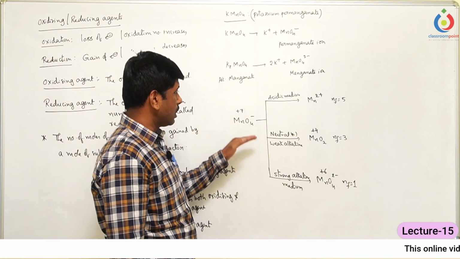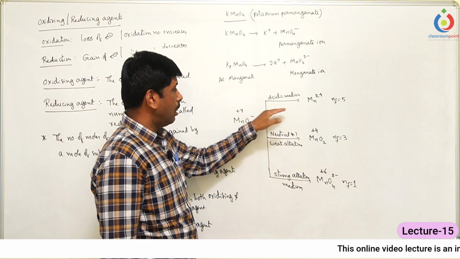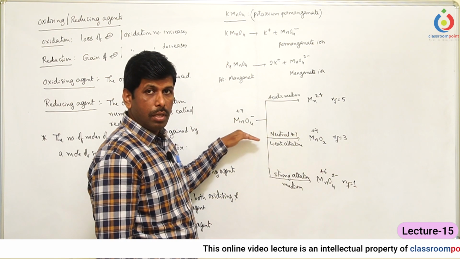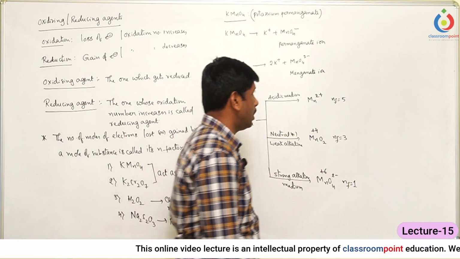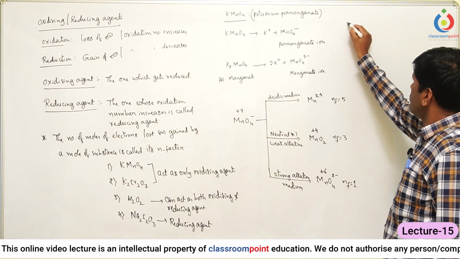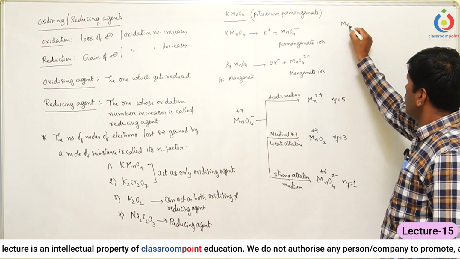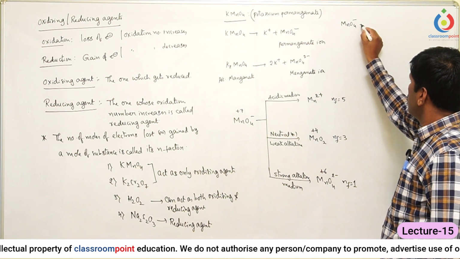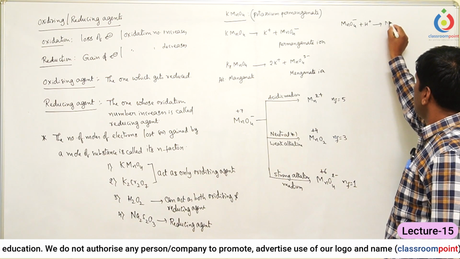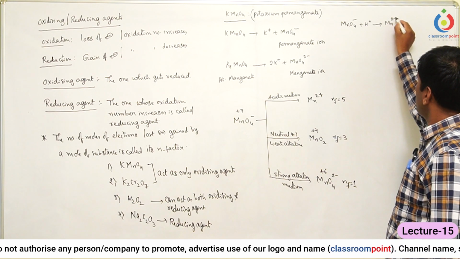So among all these cases, we are going to discuss the redox reactions, the balancing reactions of the permanganate ion in acidic medium and how its N factor varies. So in acidic medium, MnO4 minus, acidic medium means we need to add the H plus ion. It changes to the Mn2 plus.